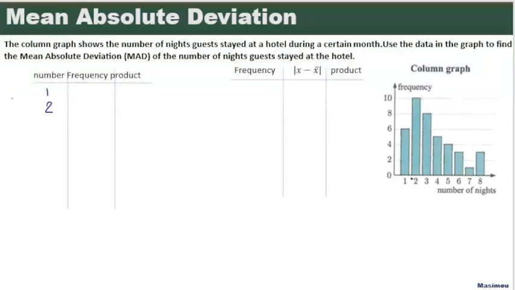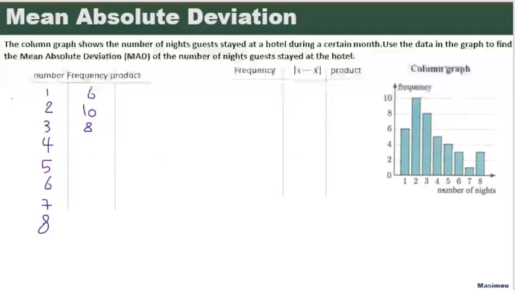So I go 1, 2, 3 nights, 4, 5, 6, 7, and 8. Okay, now I start to write the frequency of all of them. For one night I have 6. For 2 nights it's 10. For 3 nights it's 8.